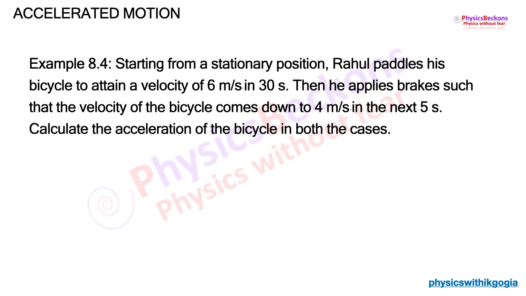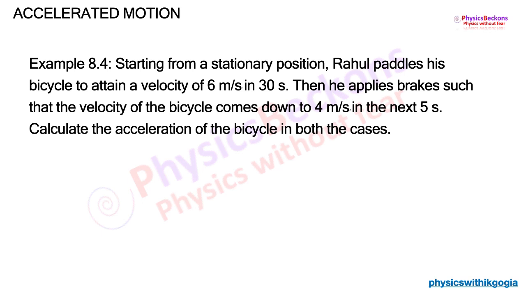You can see the example. Starting from stationary position, Rahul pedals his bicycle to attain a velocity of 6 meter per second in 30 seconds. Here note, he is starting from stationary position, means initially the velocity is 0, the final velocity is 6 meter per second and the time taken is 30 seconds.